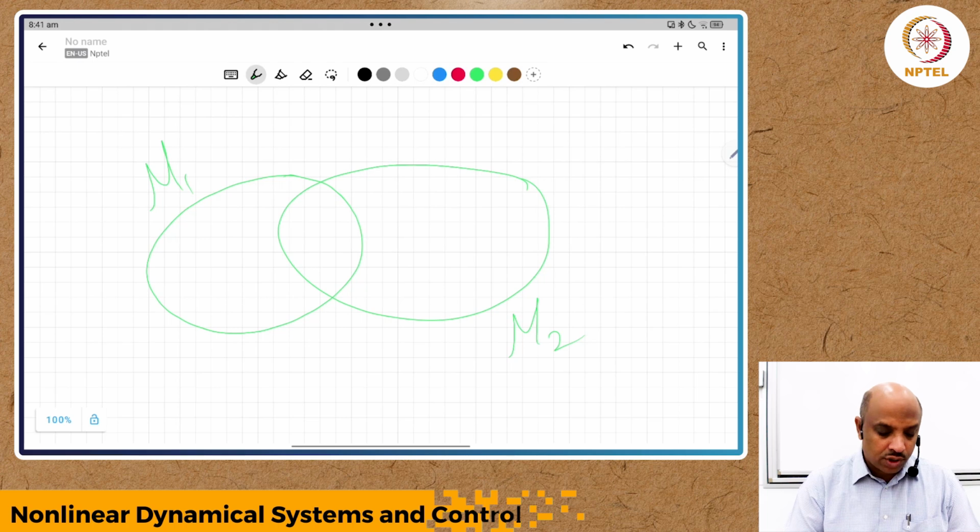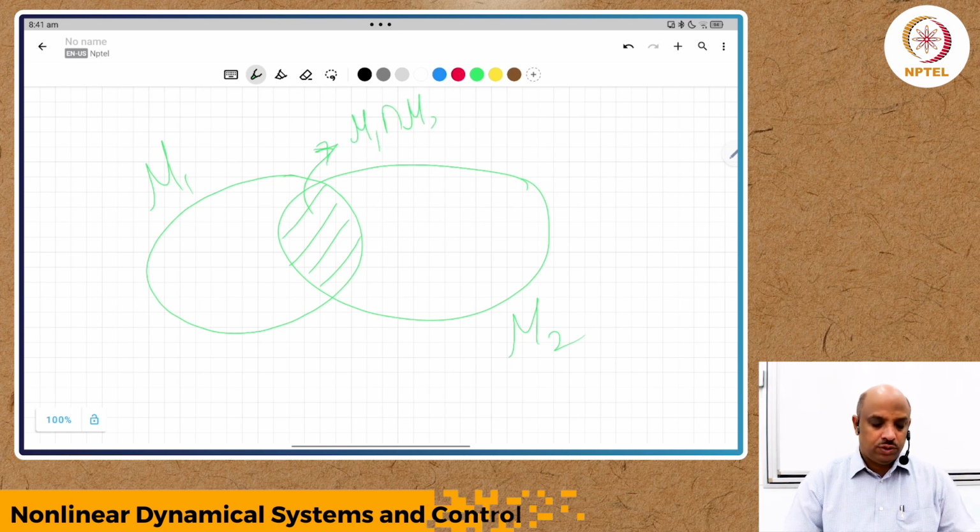But the more interesting case is where you have the intersection, right? If you start somewhere here, we know that we have to remain in M1 because it belongs to M1, but it also belongs to M2, so it has to remain in M2. That means it has to belong to both M1 and M2, so the only space that it can go around in is this intersection.